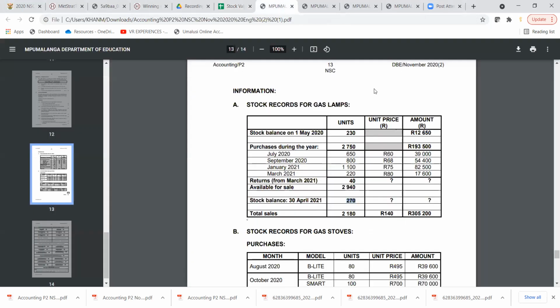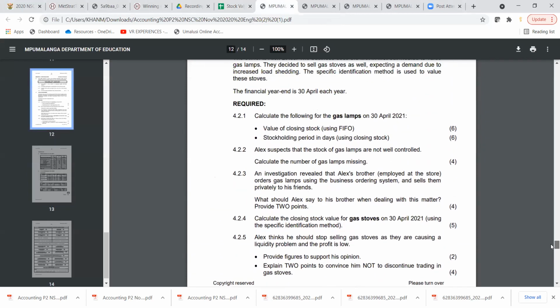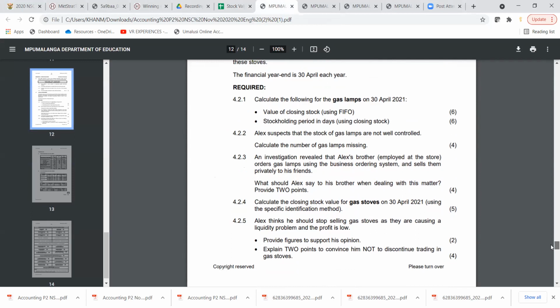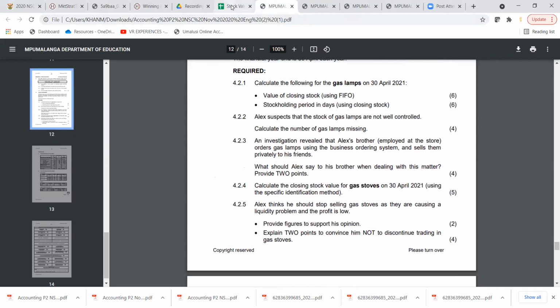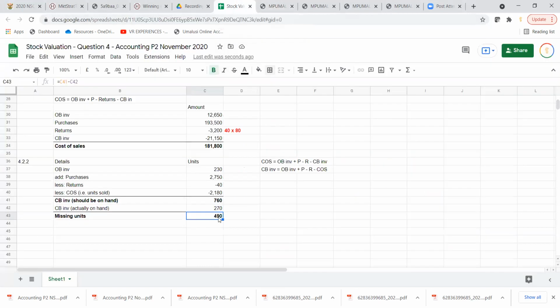So if you go back to the question, what did it say? It said Alex suspects that the stock of gas lamps are not well controlled. He is correct. They said calculate the number of gas lamps missing. So we calculated that there are 490 missing gas lamps.